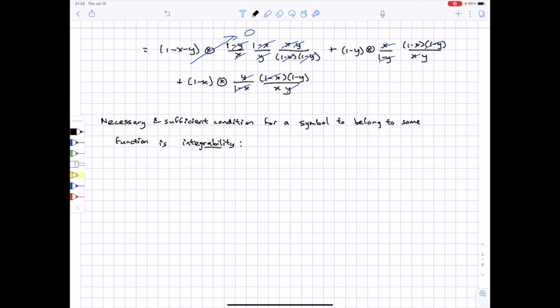This condition is that if you have a symbol, which we can express in terms of its coefficients times its arguments, xi1 tensor xi2 up to xin, then this is a symbol of some function if and only if this condition holds: we take the same coefficients, and for each term we just select consecutive pairs and construct a differential, so d log xik wedge d log xik plus 1, times the rest of the symbol.